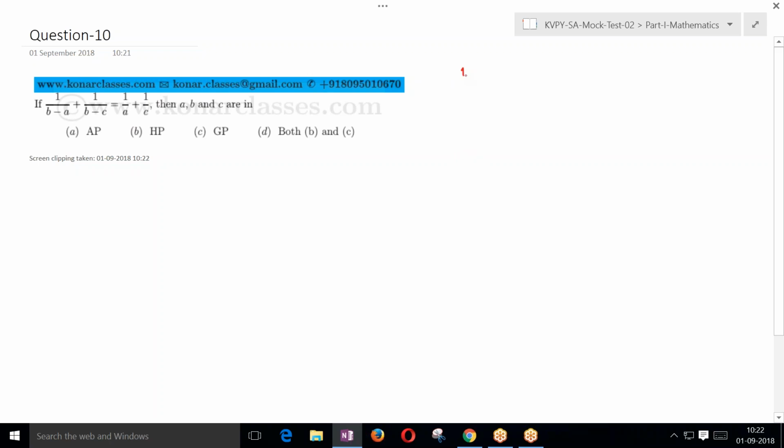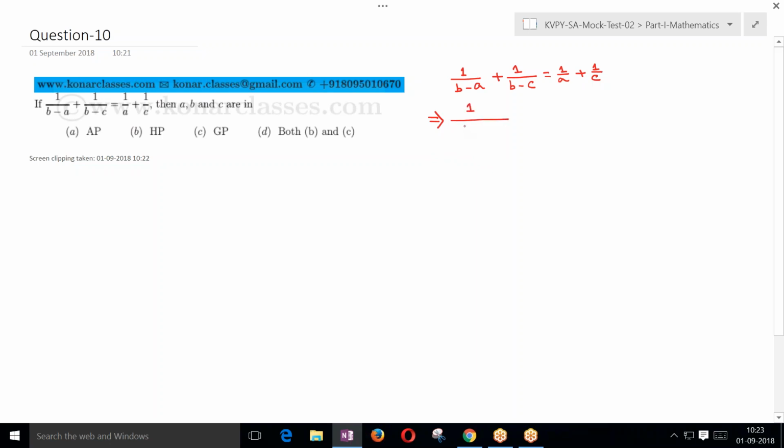1 by b minus a plus 1 by b minus c is equal to 1 by a plus 1 by c. Now I need to make a, b, c appear in both places.